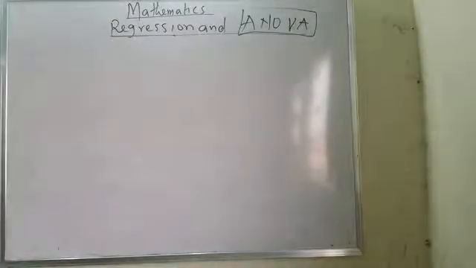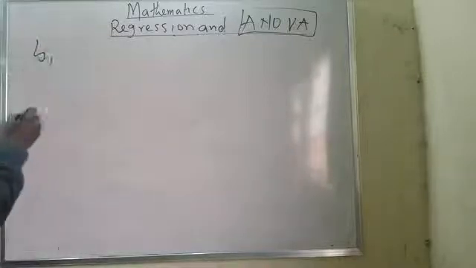Now you have to know your coefficients of these things, which are very, very important. The first thing is that you have your, normally I call it b1 and b naught.